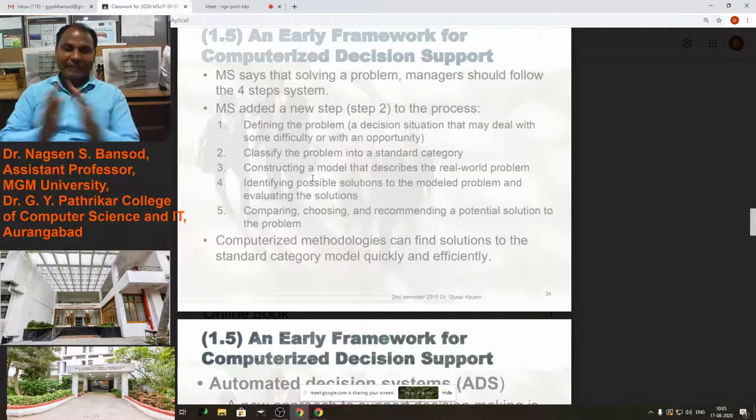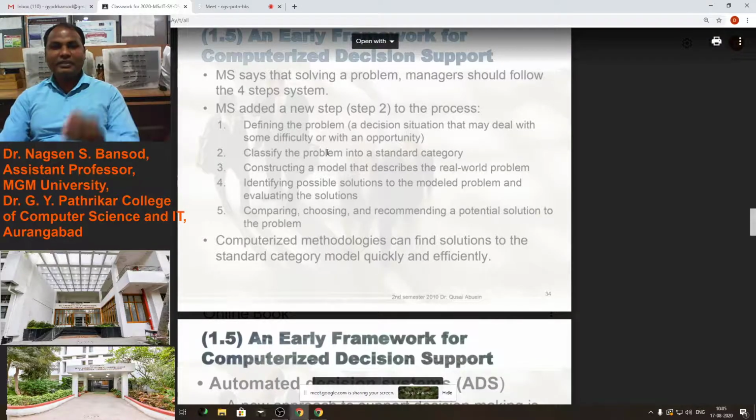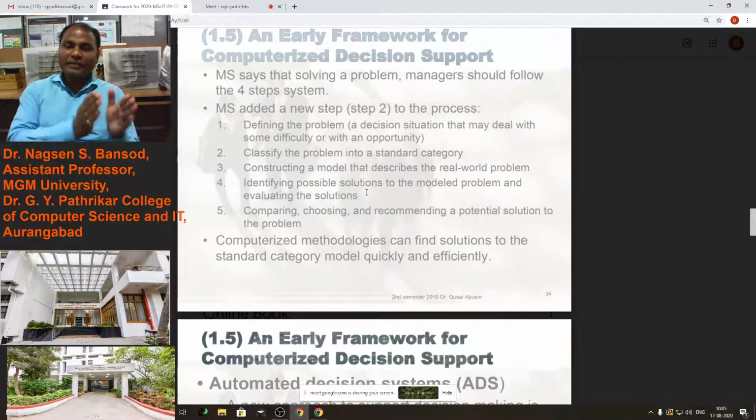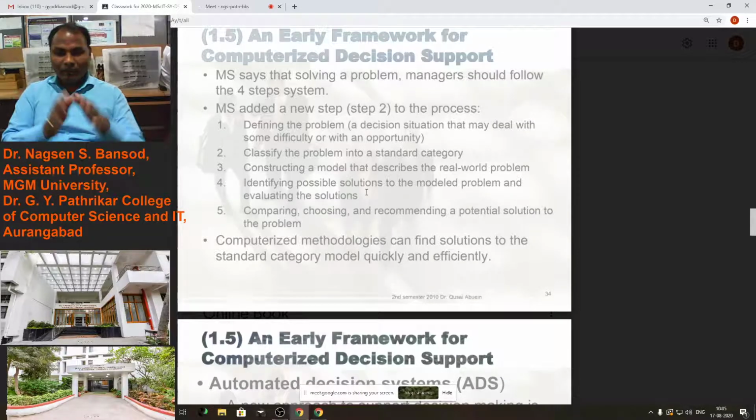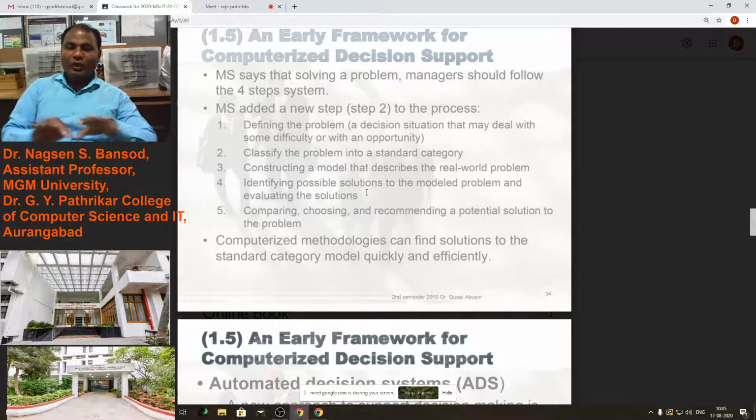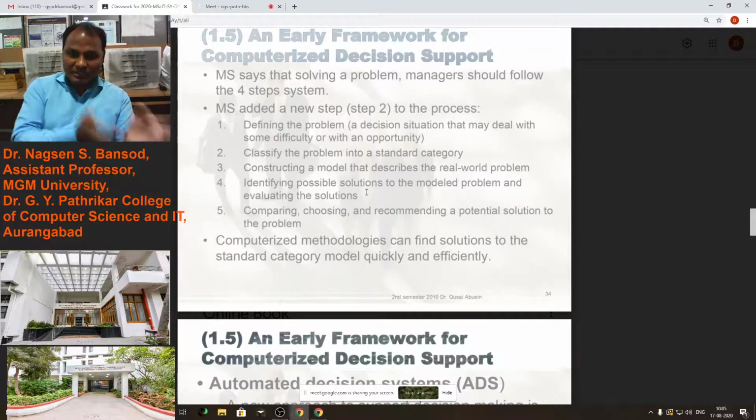Once you have defined the problem, then classify the problem into a standard category. What solution we will provide is another part, but you have to classify the problem: which type of problem is that.